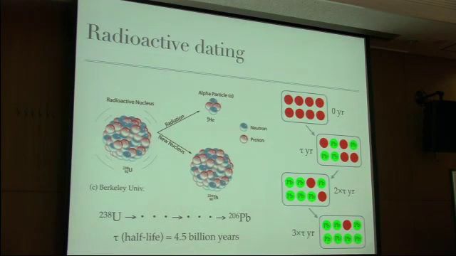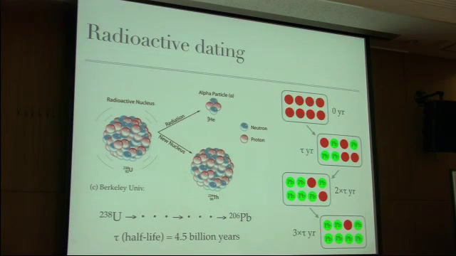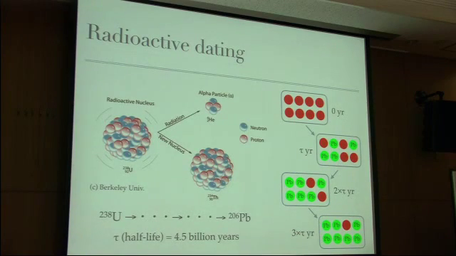For example, if half is lead, we can say the age of this object is tau, but if just one eighth of the uranium is contained, then the age of the object is 3 times tau.